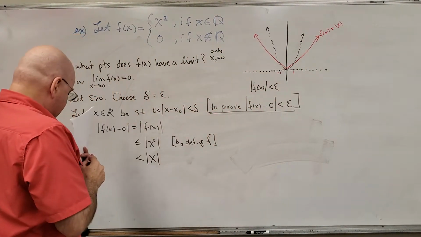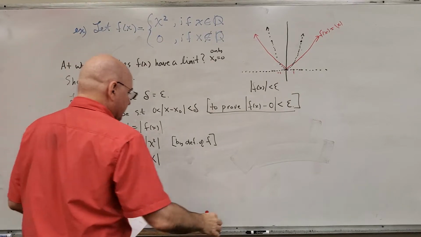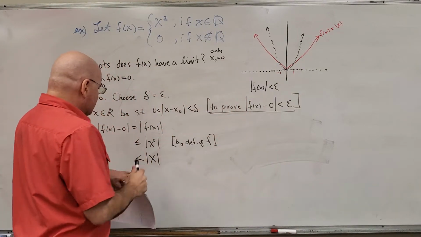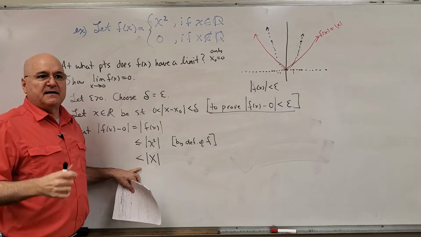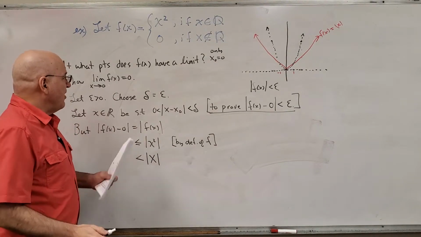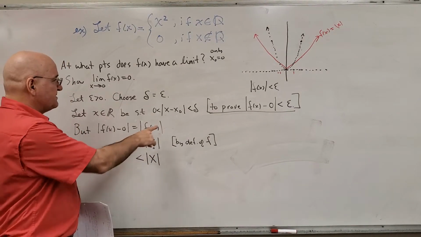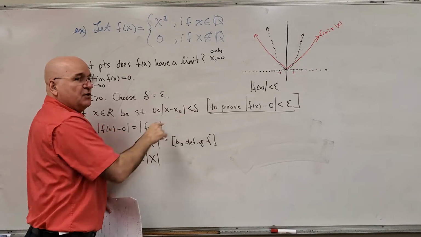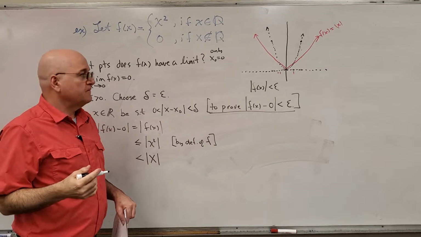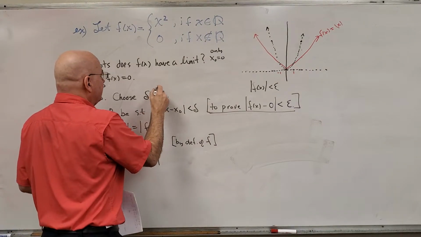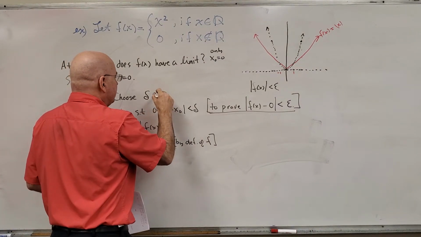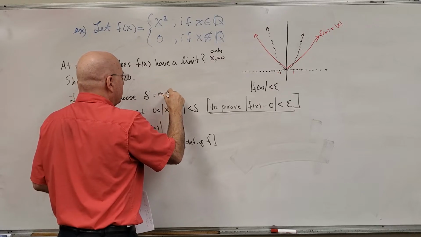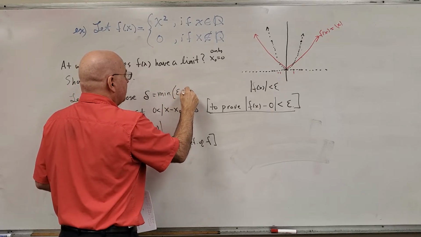So what can I do to make that statement? It's true if x is between -1 and 1. So all I'm going to do is force delta to also be smaller than 1. So what I'm going to say is let delta be the minimum of epsilon and 1.